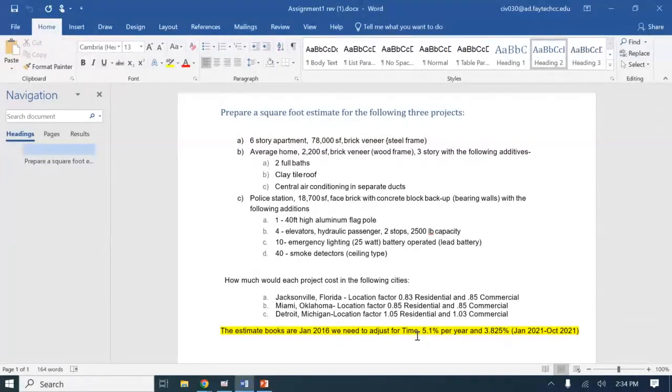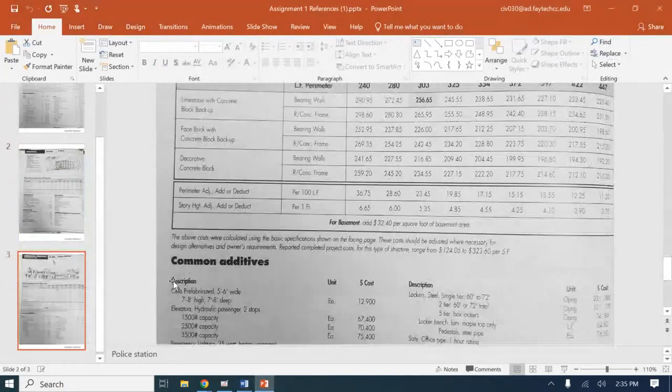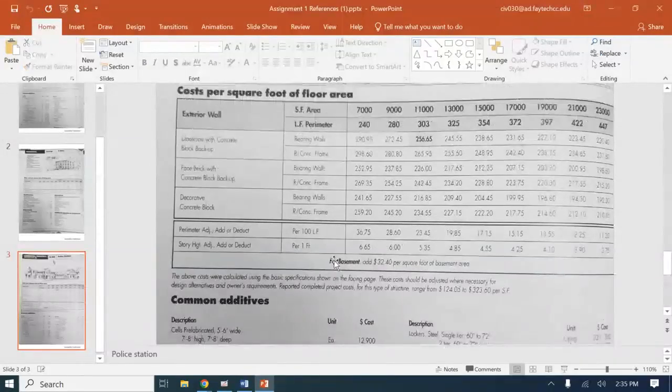For the last one, it's a police station, 18,700 square feet, face brick with concrete block backup, brick bearing walls, with the following additions. So here is your chart.